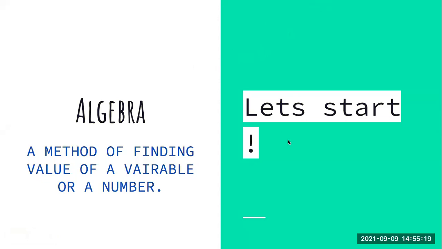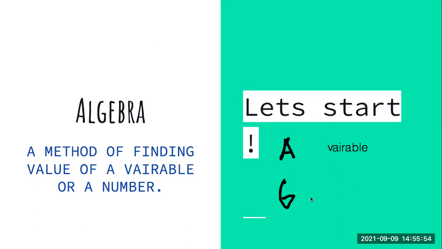If I write A, and I write 6, this is a variable.